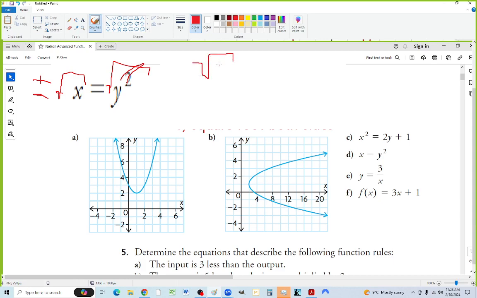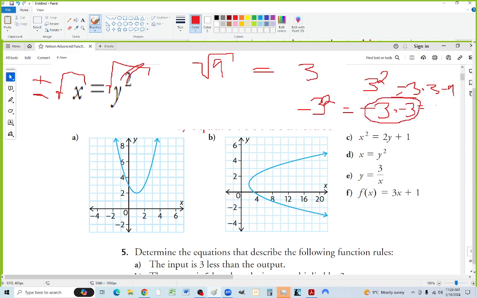What's the square root of 9? 3. Yeah, that's because 3 squared is 3 times 3. It's 9, right? But here's why you add a minus. Minus 3 squared is the same as minus 3 times minus 3. And what is that equal to? Oh, we have a negative times a negative.